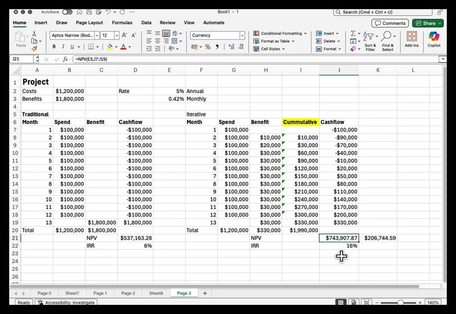It is 206,000 more than the original NPV, and our IRR is 16% higher. So even with a lower rate of benefit delivery, we're getting superior IRR, NPV, return on investment.